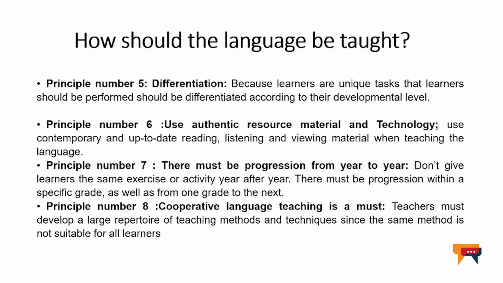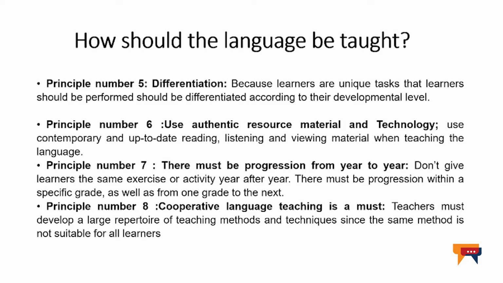Principle number 7, there must be a progression from year to year. Don't give learners the same exercise or activity year after year. There must be a progression within a specific grade, as well as from one grade to the next.